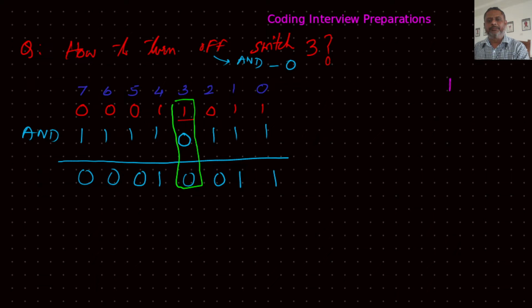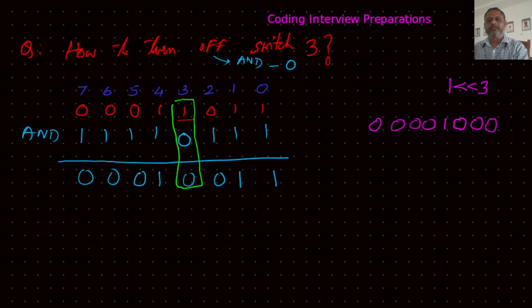So take a 1, then you want to go to the third position, so shift it left by 3 positions, so that makes the 8-bit pattern 0, 0, 0, 0, 1, 0, 0, 0.